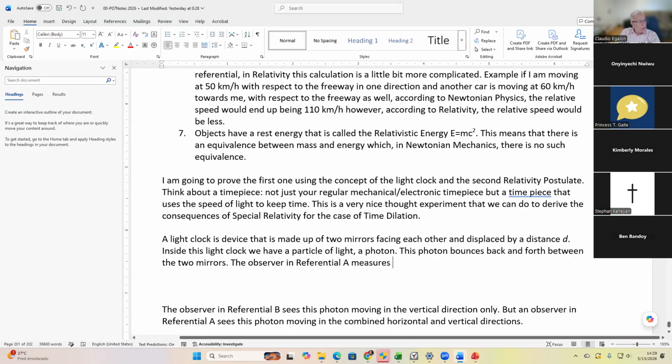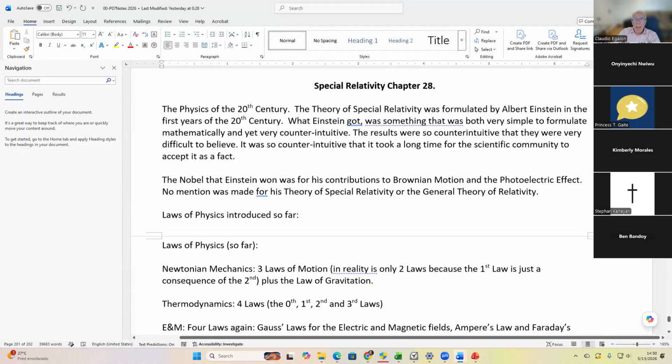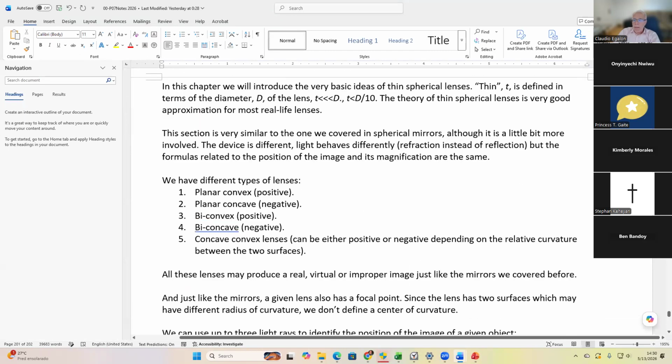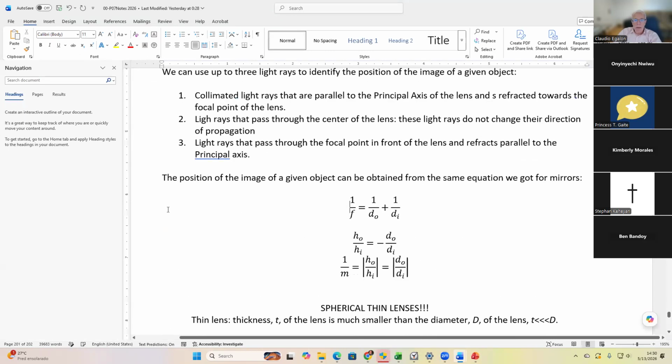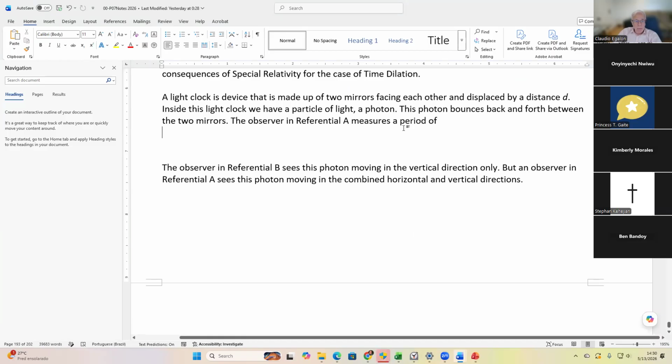measures a period. The period should be what? The distance between the two mirrors times 2, right?